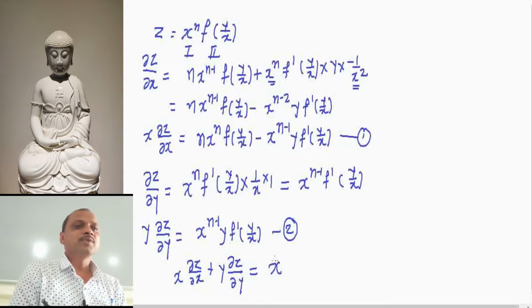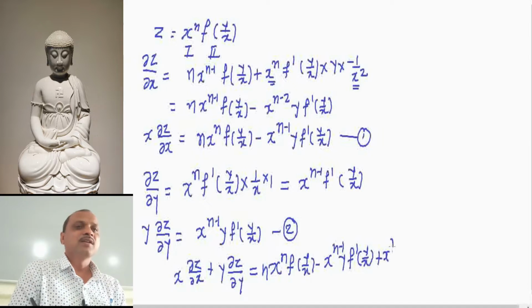I will write firstly whole terms: n into x raised to n into f of y divided by x minus x raised to n minus 1 y f dash of y divided by x plus x raised to n minus 1 y f dash of y divided by x. So you can see that this term will get cancelled, and we have now x raised to n into f of y divided by x, which is nothing but z.